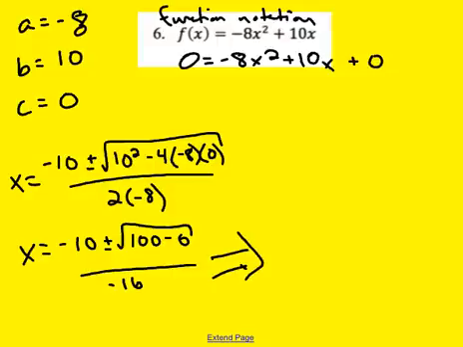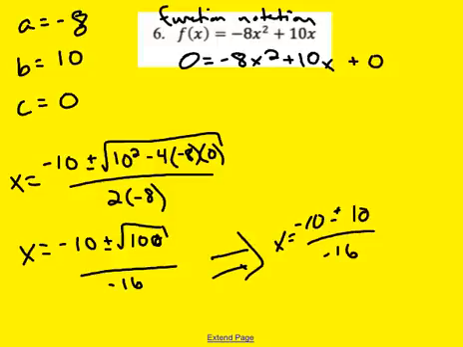Excuse me, x equals negative 10 plus or minus. Well, the square root of 100 minus 0 is just 100. So the square root of 100 is 10, all over negative 16.